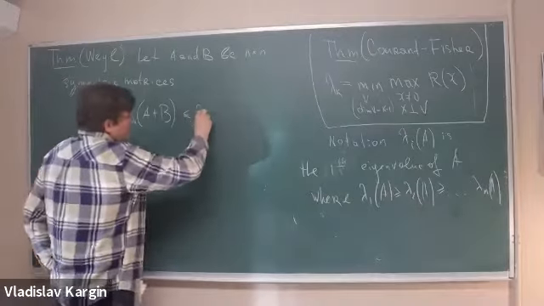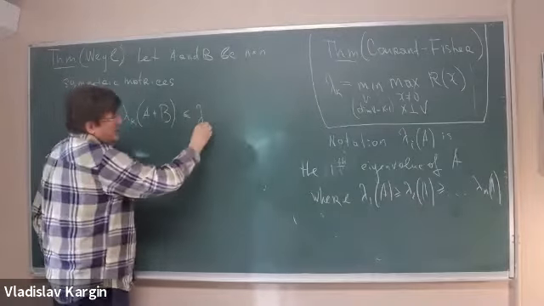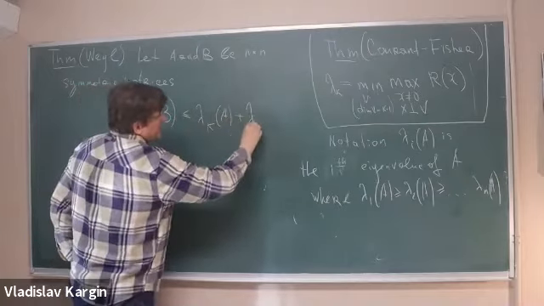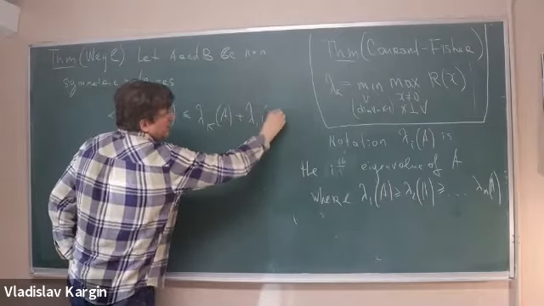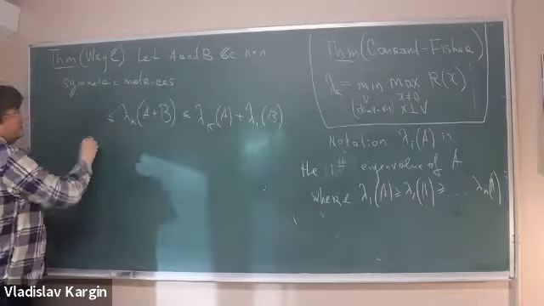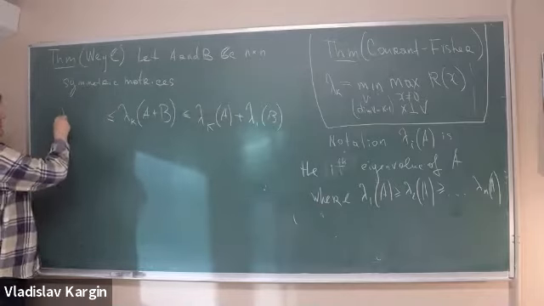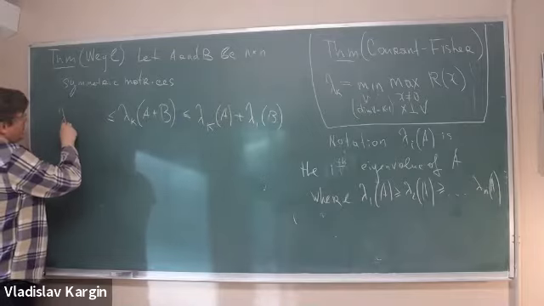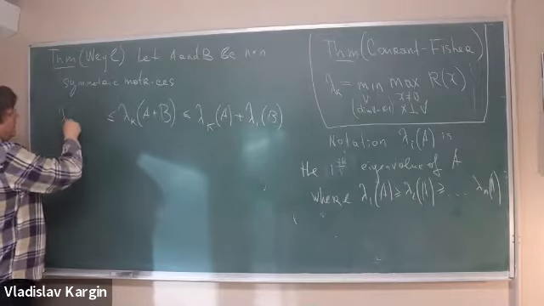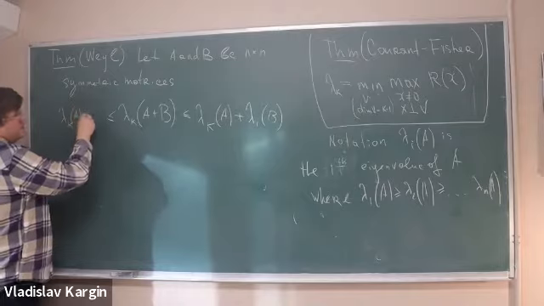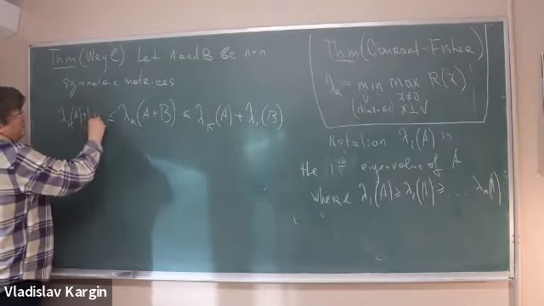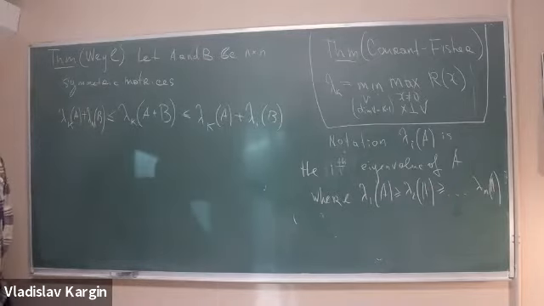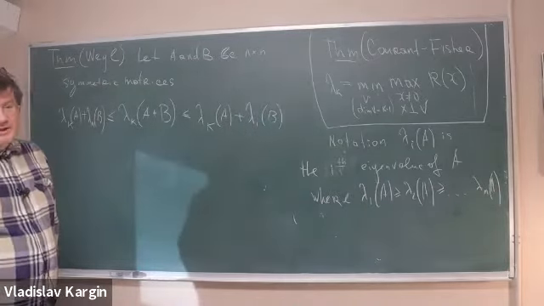So more or less natural thing: lambda k of A plus B is smaller than or equal to lambda k of A plus the largest eigenvalue of B, and greater than or equal to lambda k of A plus lambda n of B. Okay, so more or less natural results.